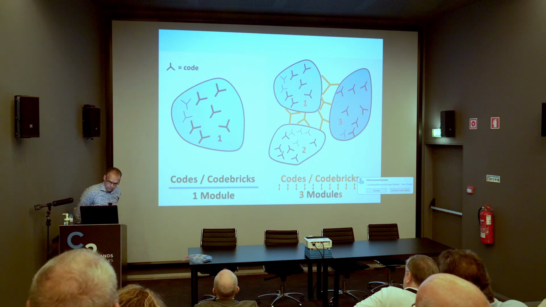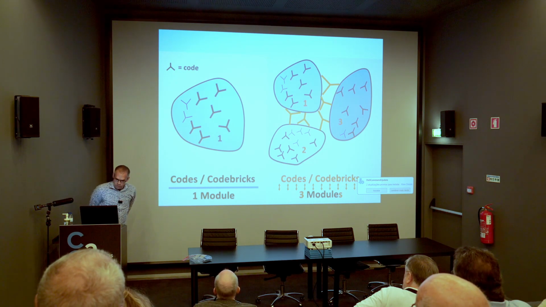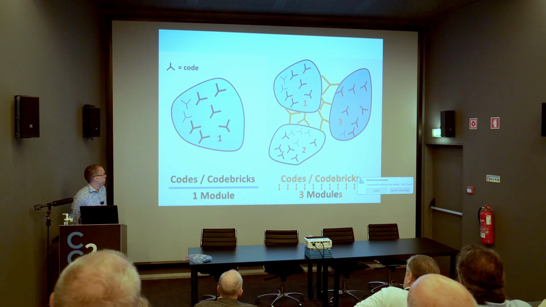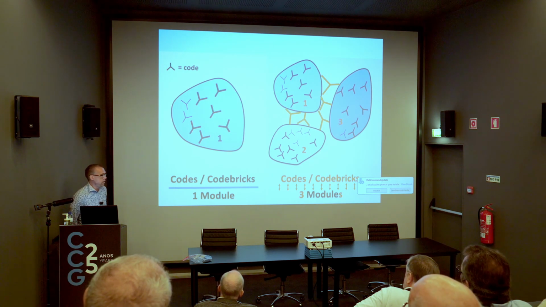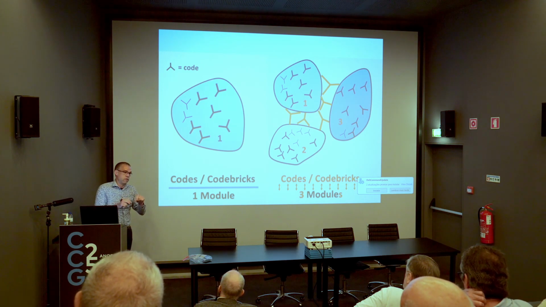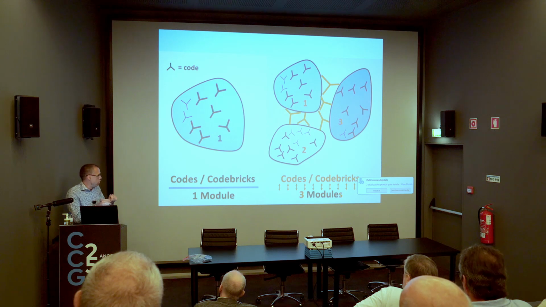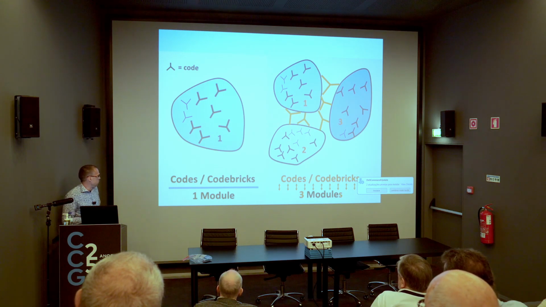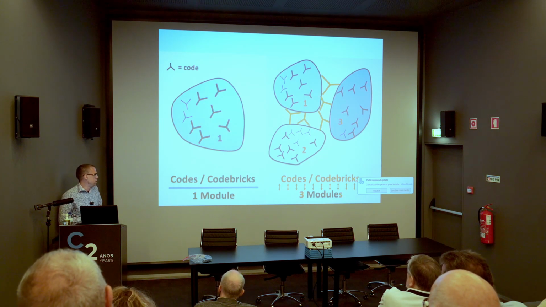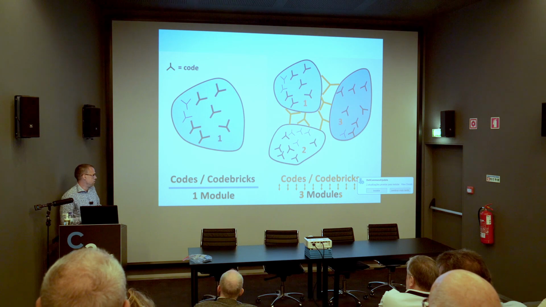And what I also call code bricks are actual instances of a certain code. So let's say, in the best case, the genetic code has 64 instances. Concrete mappings. I like to call these code bricks, which is a term from synthetic biology and sometimes also used in network biology.